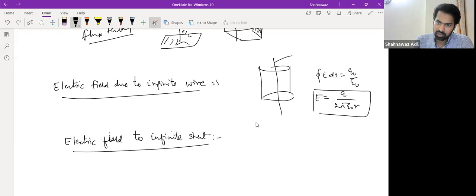So this was the infinite sheet, right? What was the electric field due to this infinite sheet? Tarif, do you remember?